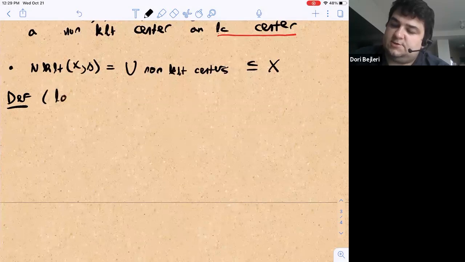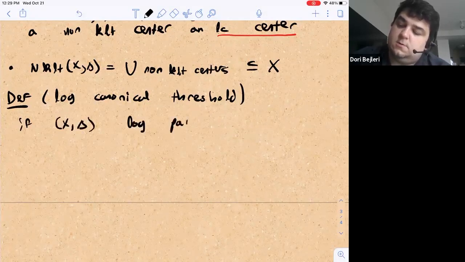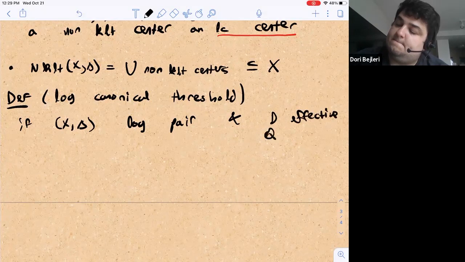This is the log canonical threshold. So we have (X, Δ), our log pair. D is some effective Q-Cartier divisor. And let's suppose that (X, Δ) is log canonical.